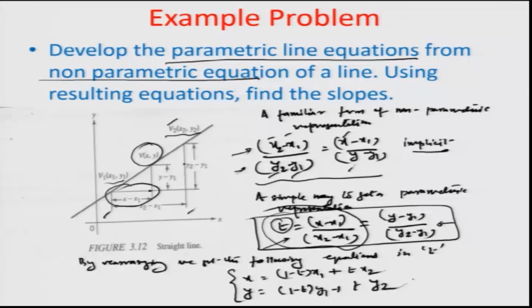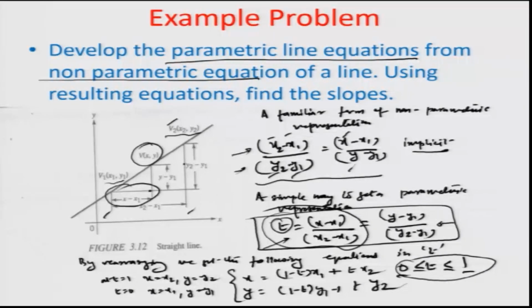So, t of course is a normal variable varying between lower limit 0 and upper limit 1. For example, if I would have put the value of t equal to 1, I would get x equal to x2 and y equal to y2, and similarly at t equal to 0, I would get x equal to x1 and y equal to y1, which are the upper and the lower limits of the particular line, which means that in this particular parametric representation, you are representing the whole domain of the line.